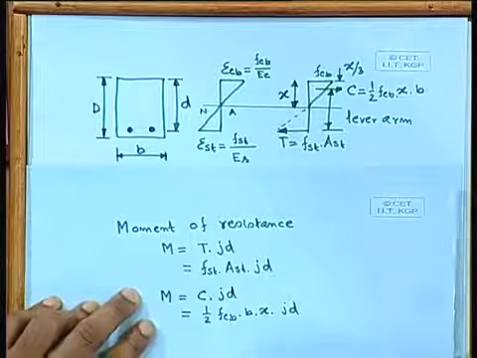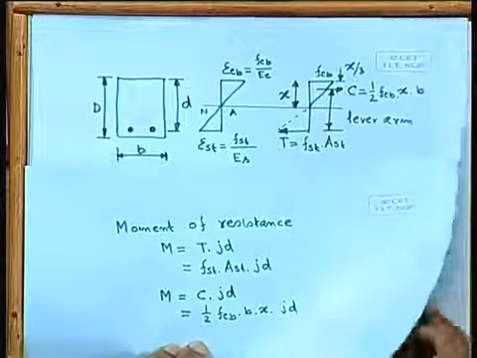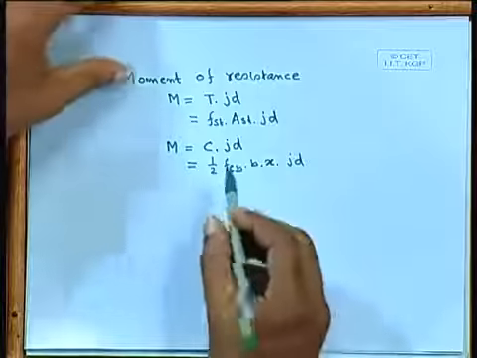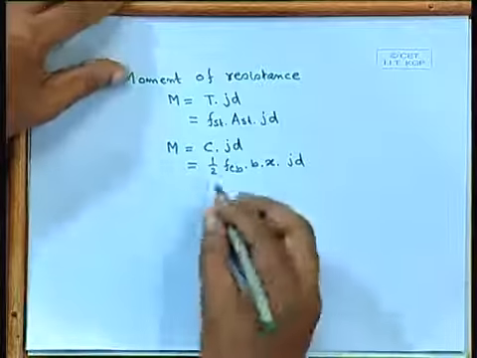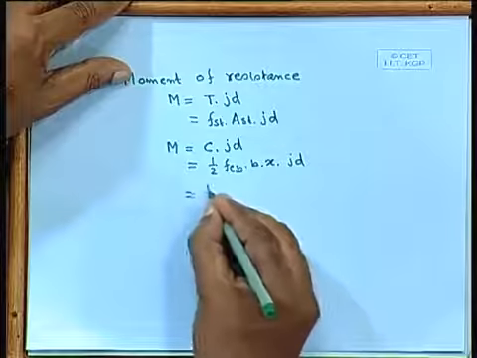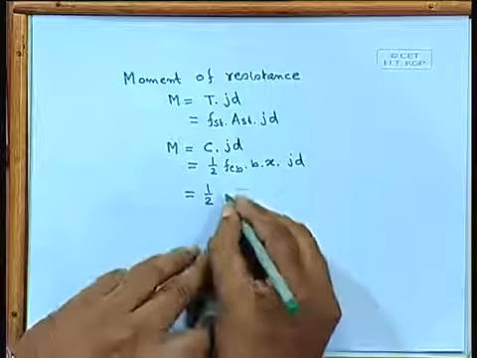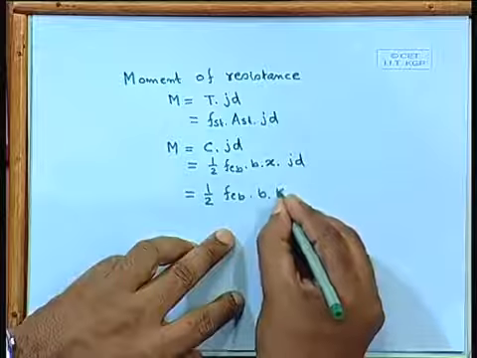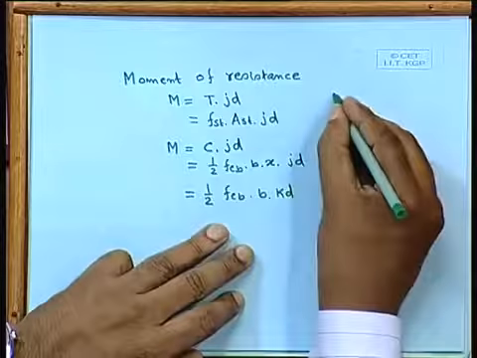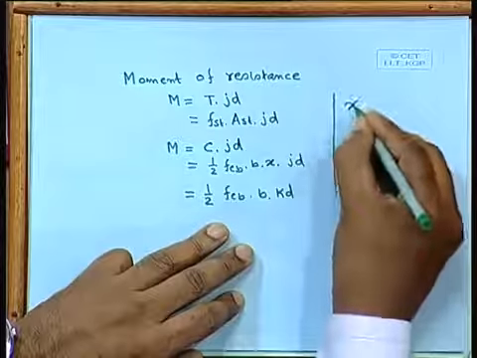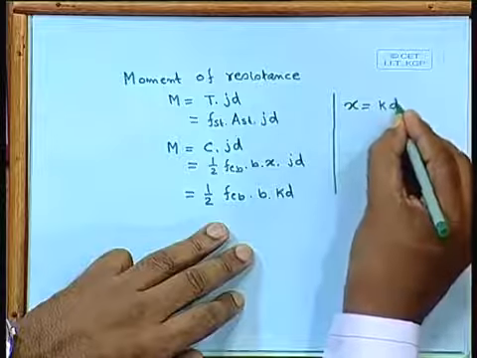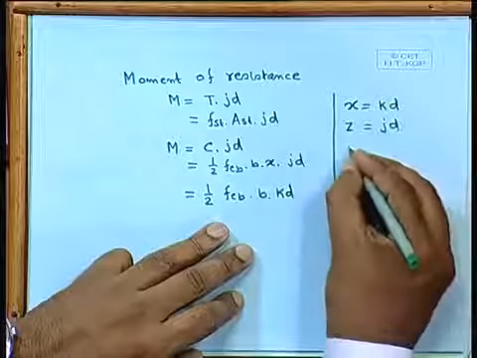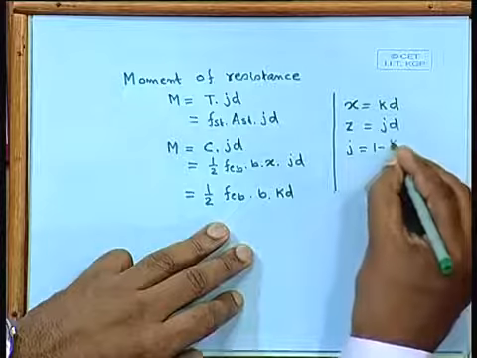Now we can simplify this, because it is simply a little bit of arithmetic. So M equal to C times jd, which equals half fc b, b, and x is what I have already told, kd. Let me write here: x equal to kd, z equal to jd, j equal to 1 minus k by 3.